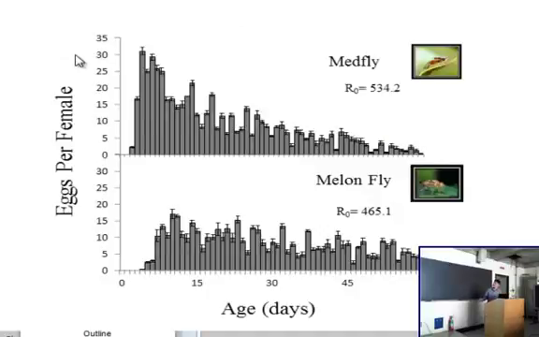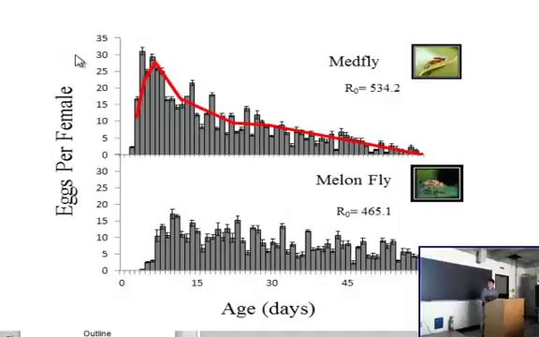In this graph, we have the average eggs laid per female across the age of the females. These are results from the reproductive controls from these experiments. The med fly's reproductive ability is characterized by a really quick period of maturation, reproduction is maximized early in the lifespan, and then the rest of the lifespan is characterized by reproductive senescence.